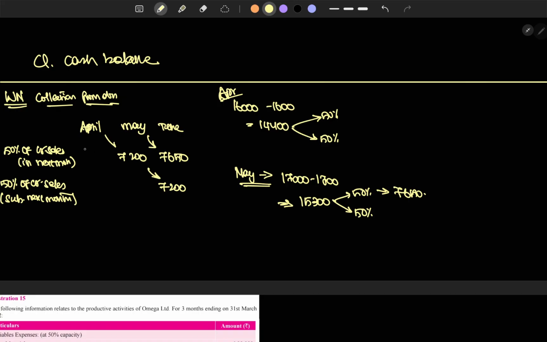Now for April we need to get sales from credit sales. We'll receive the credit sales amount and collections for the sales happened in March. Let's take March.